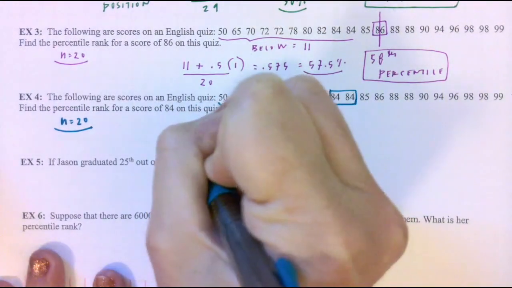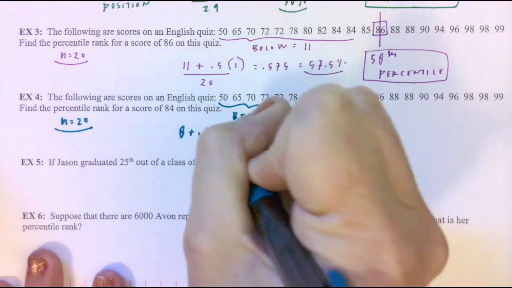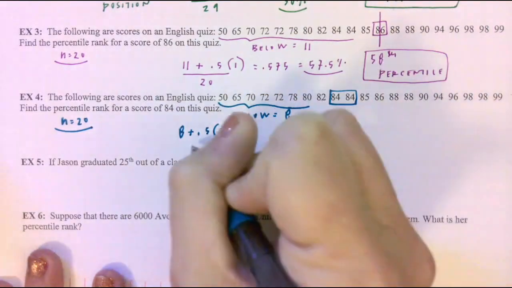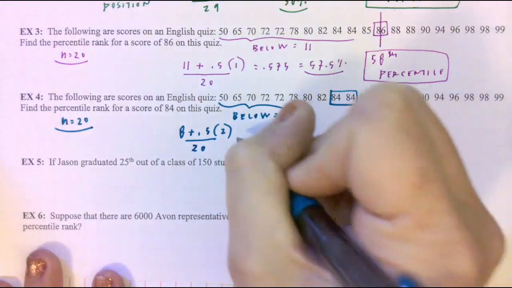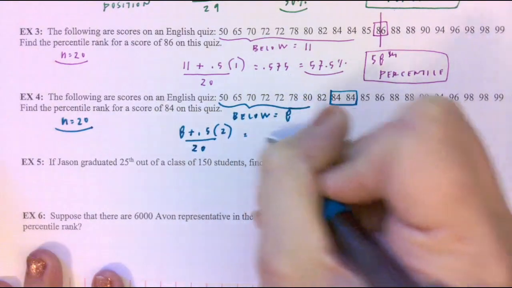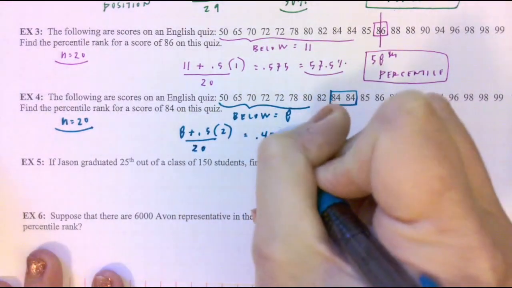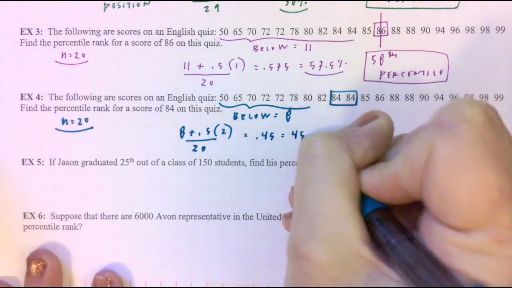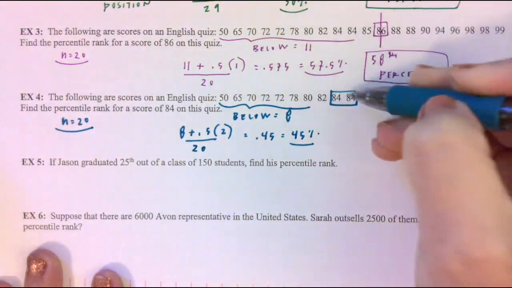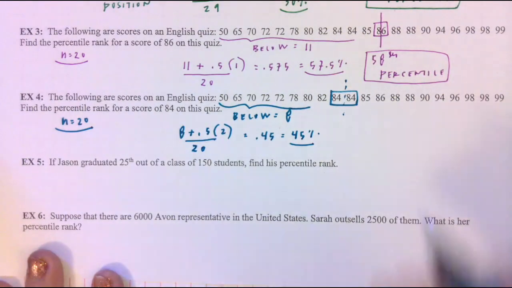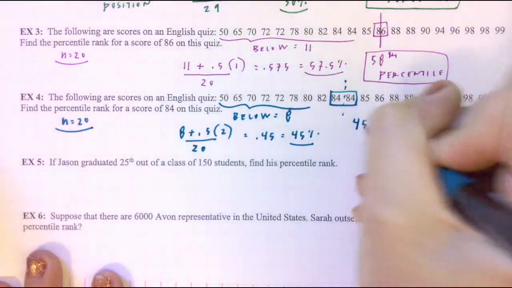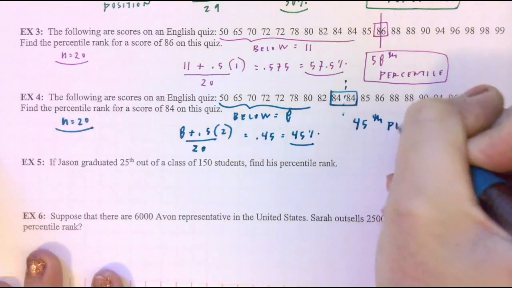So I say 8 plus half of the 2 scores that are equal to 84, divided by 20. So really I have 9 divided by 20, so 0.45 or 45%. Same thing with that calculation, it's really just splitting it up so that half of it goes to the below and half of it goes to the above. Either way, we get the 45th percentile.